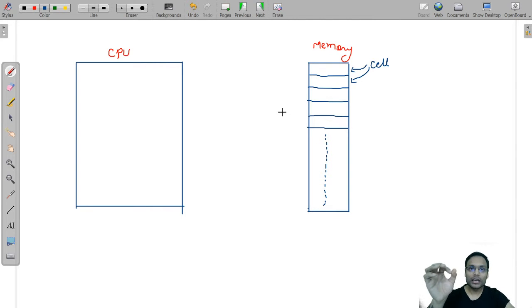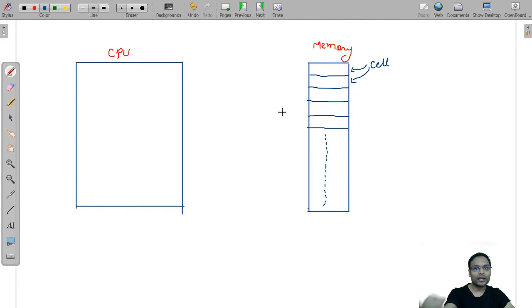If a memory cell is to be accessible, we should provide some kind of numbering to those cells, so that each cell has a unique number.